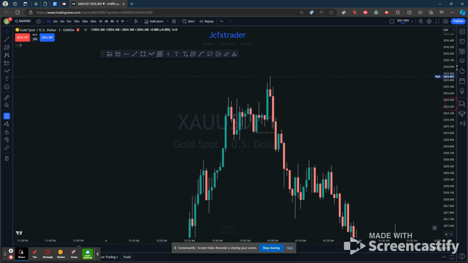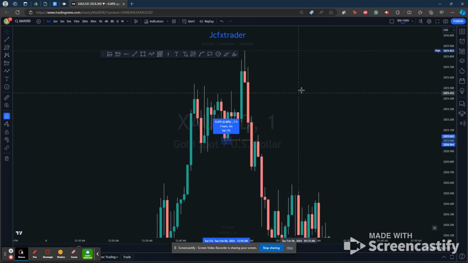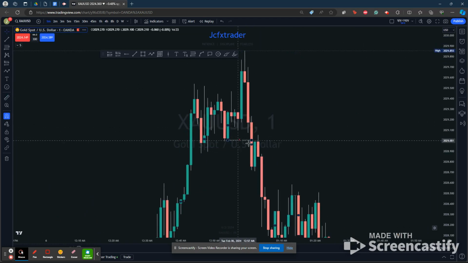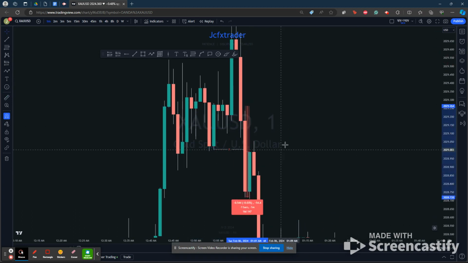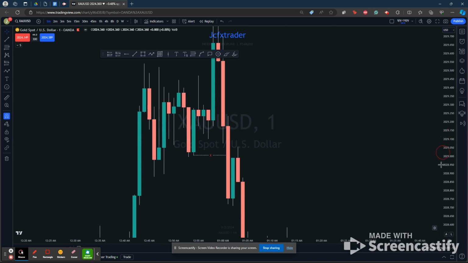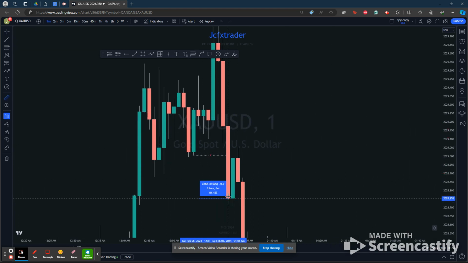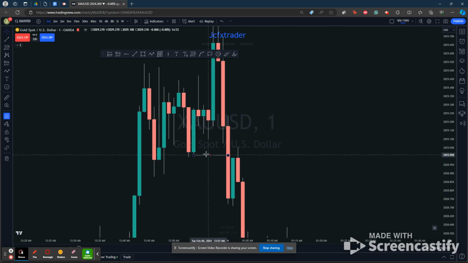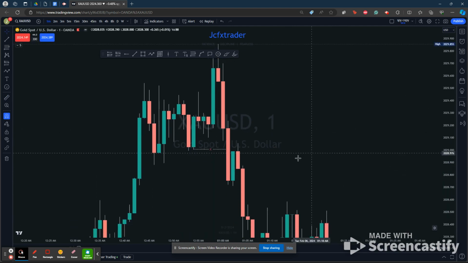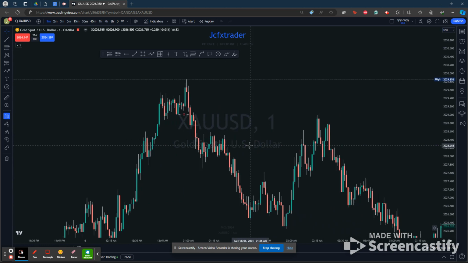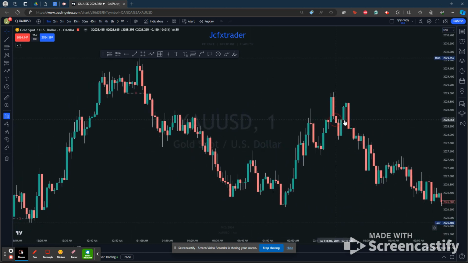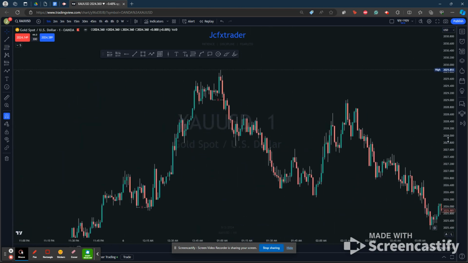Remember that it is measured from the low or the highs of the wicks, and it's straight across to the candle that either broke or didn't break the structure. Remember, the candle must close above or below, depending on which break of structure you're looking at, the wick that you're looking at. Once you have mastered the break of structure, you may move on to the next video.